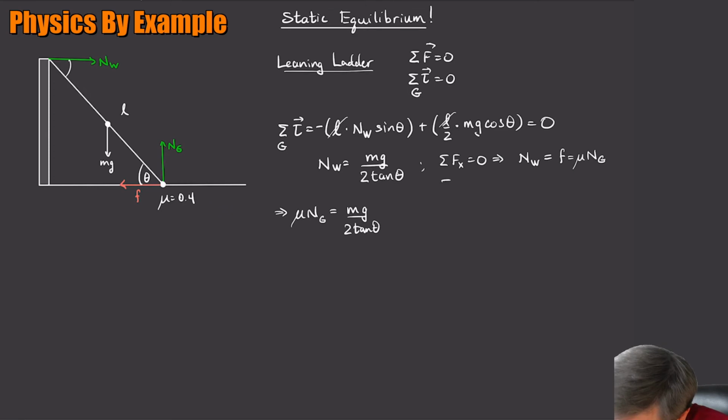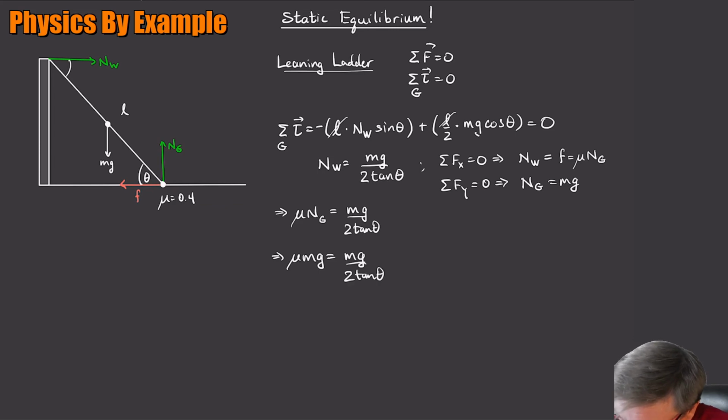Okay, very cool. And then look what we have here. The sum of the forces in the y direction summing to 0. Well, what forces are in the y direction? All I've got is N_g going up and mg going down. So there we go. So mu times mg, substituting that in, is just mg over 2 tangent theta. Well, the mg's go away.